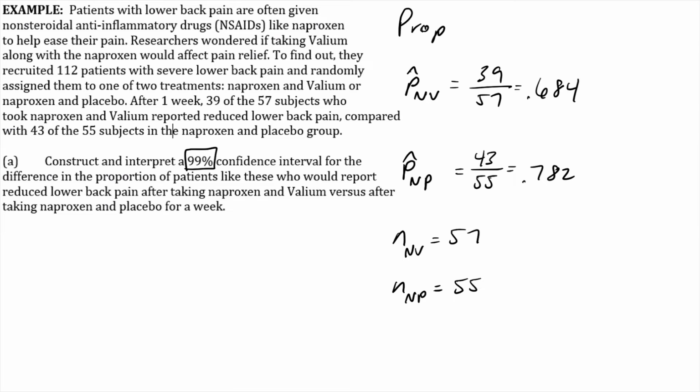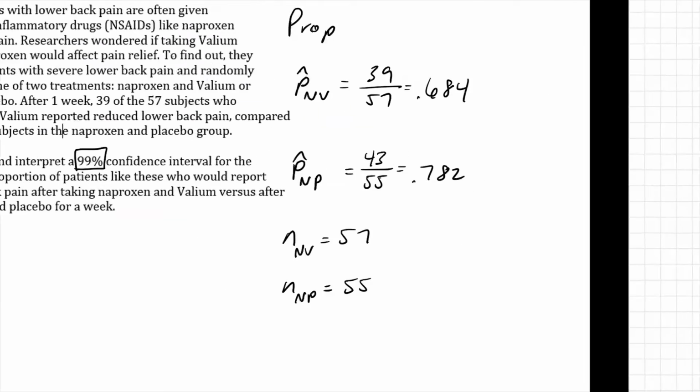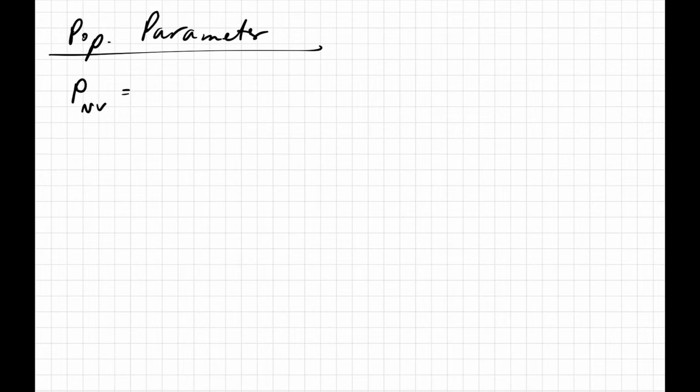Okay, so now let's start the interval. So we need a population parameter. There's going to be 2, yep. There's going to be a P for NV, and there's going to be a P for NP. Now these are going to be very similar.